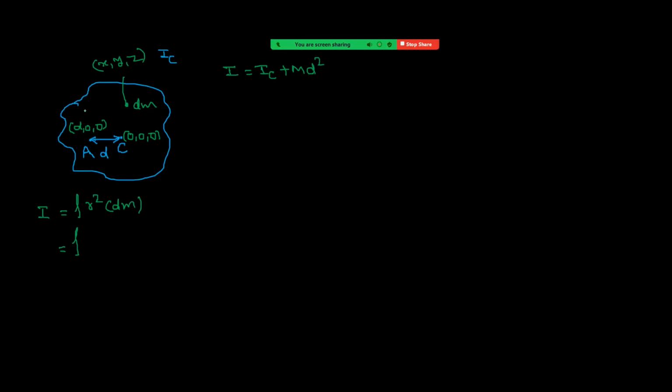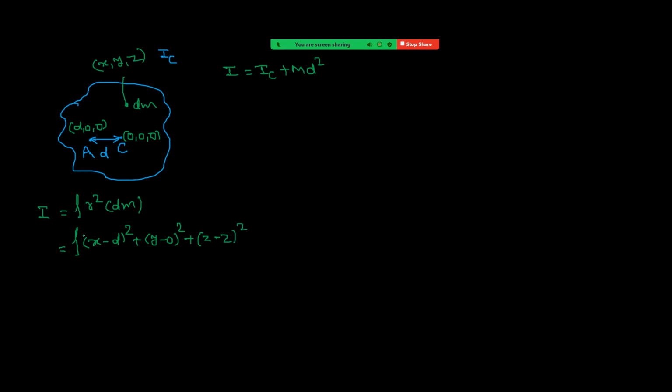We can see here x and this is d. So it is x minus d whole square, and this is y. So y minus 0 whole square plus z minus, sorry, don't take 0. Z minus z whole square.